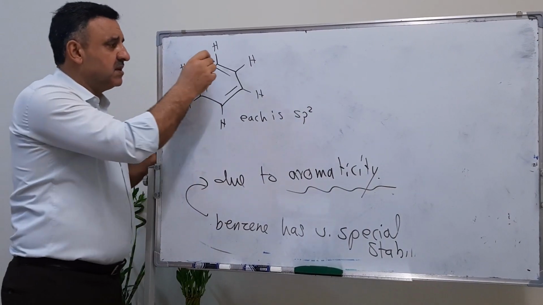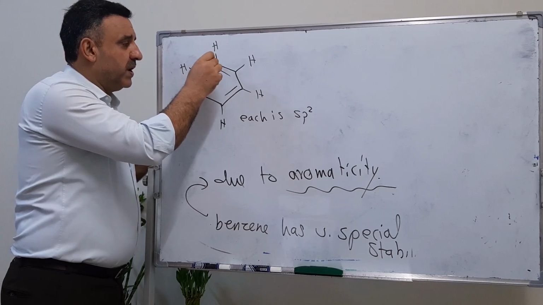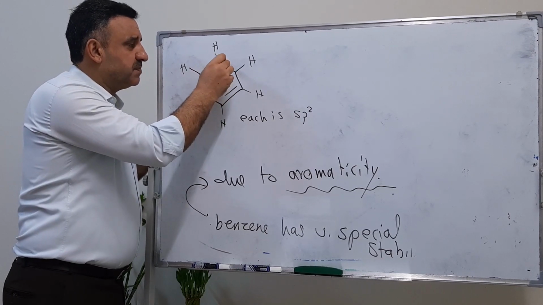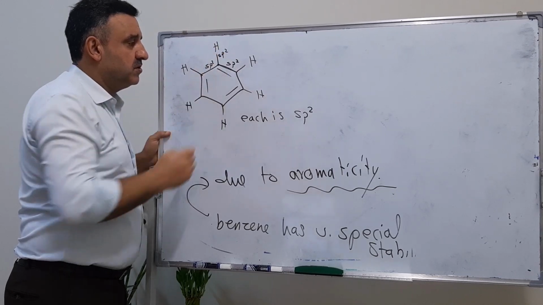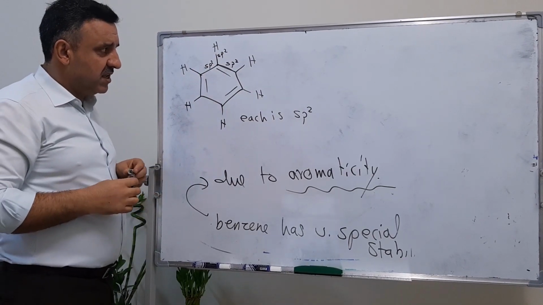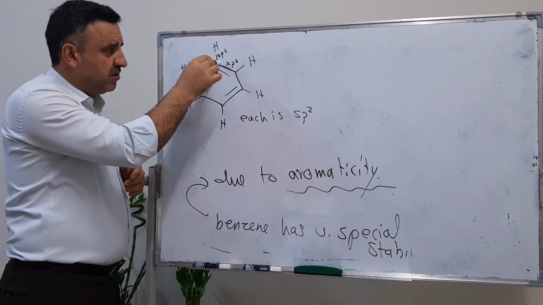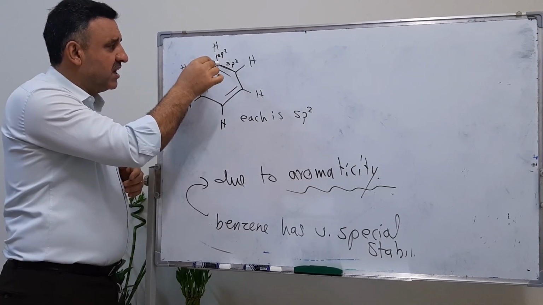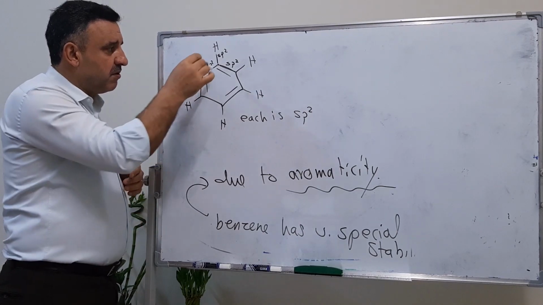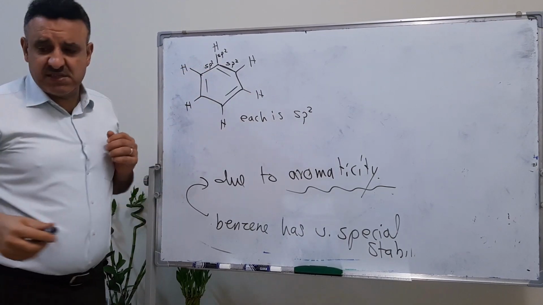Which means that we have this bond is sp2, sp2, sp2. Each carbon makes sp2 hybridization, therefore it makes sp2, sp2 bonds, and so on. Now, remaining on each carbon, there is a p orbital.